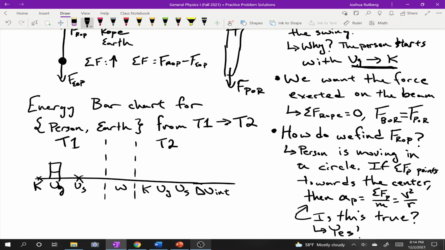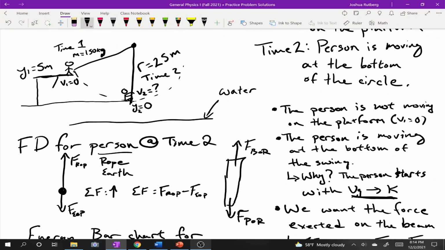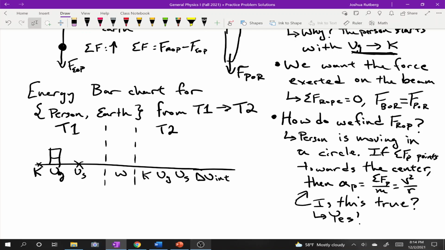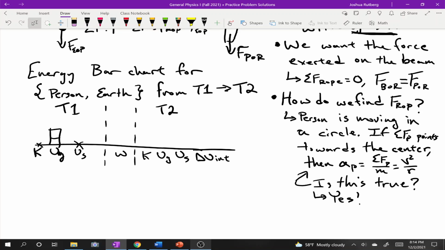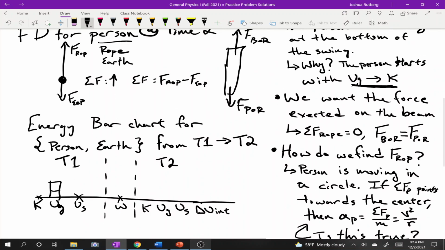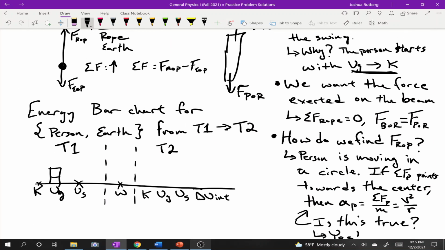Now, is there any work done from time 1 to time 2? Again, the answer here is no. The force the rope exerts is always perpendicular to the direction the person is moving, and therefore the work done will be 0 because the cosine of 90 degrees is 0. Is there kinetic energy at the end? Yes, there is. Is there gravitational energy at the end?